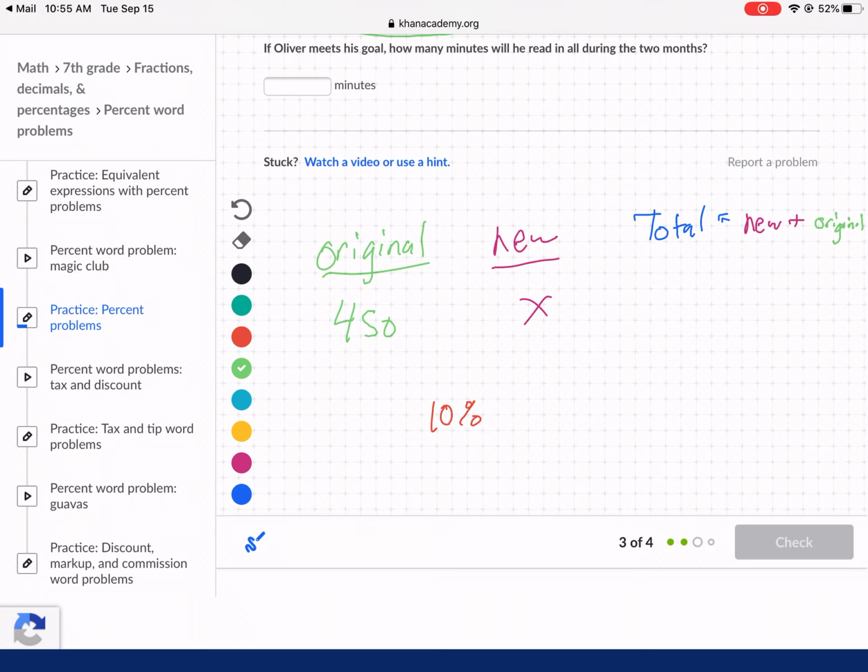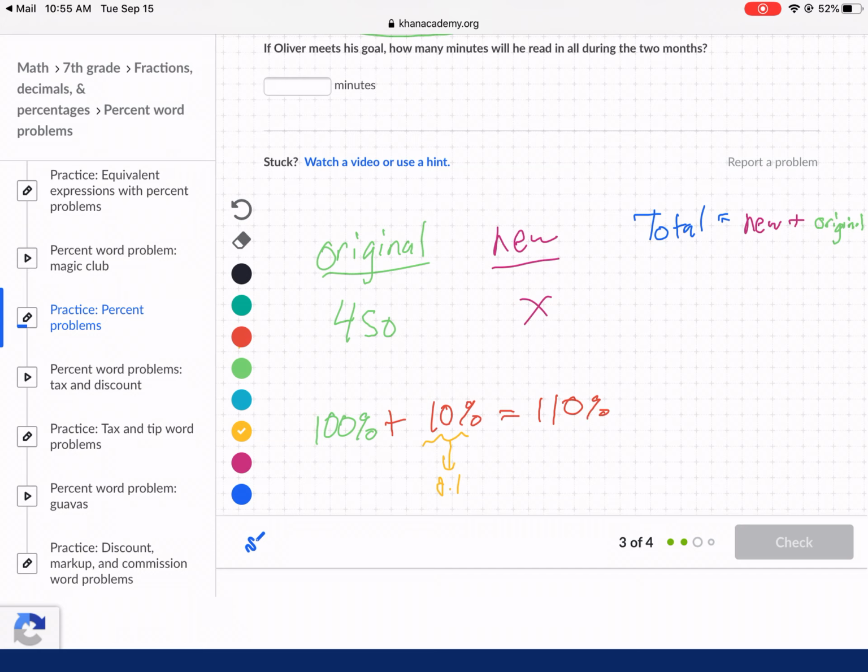Now, if you just do 450 times 0.1, that's the decimal form of 10%, you're just going to get 45. The new amount isn't 45. That'd be a huge decrease. We want to increase it by 10%. Another way to think of it is, we started at 100%. We want to add 10%, so that's going to take us to 110%.